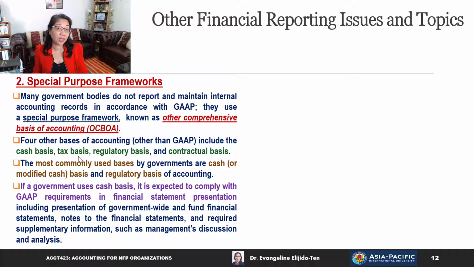If a government, however, uses cash basis, then it is expected to comply with GAAP requirements in financial statement presentation, including the presentation of government-wide and fund financial statements, notes to the financial statements, the RSIs, the required supplementary information, such as management's discussion and analysis, the MD&A, and the like.